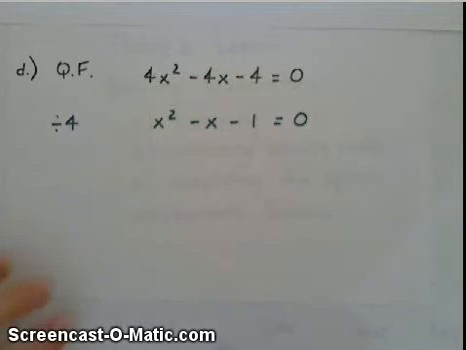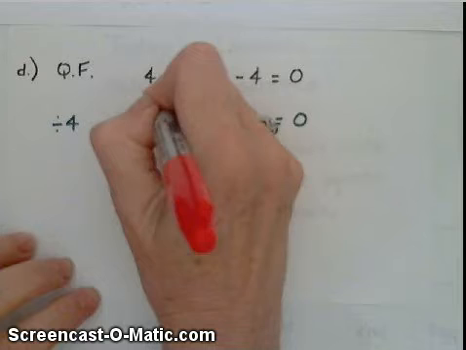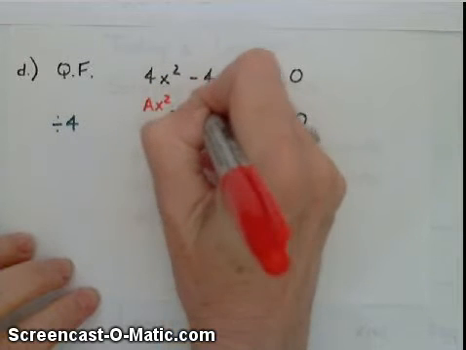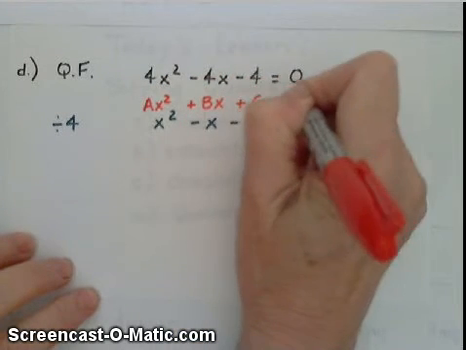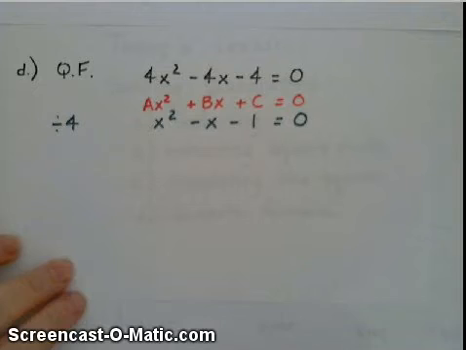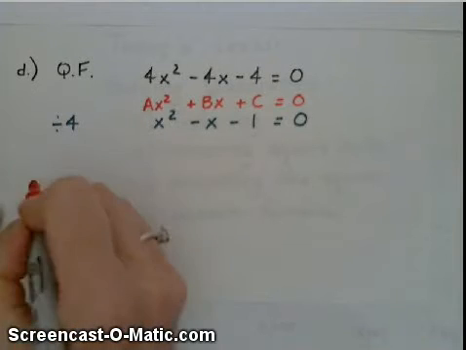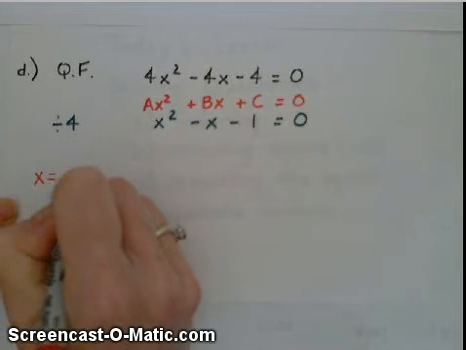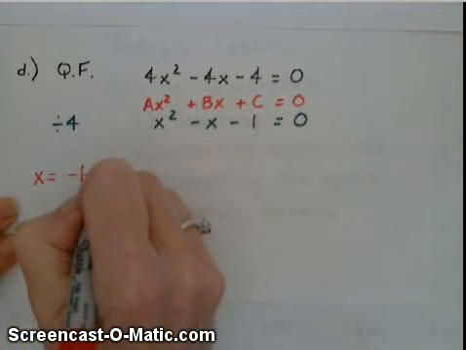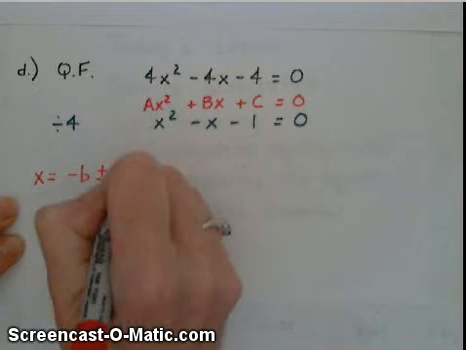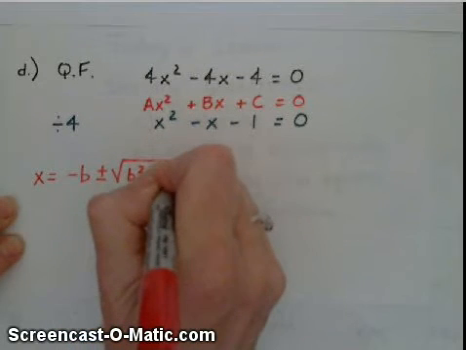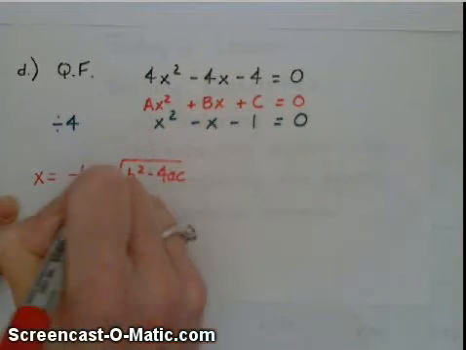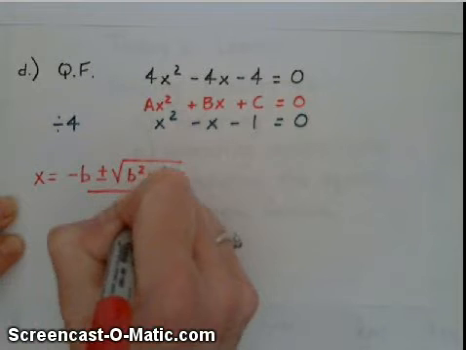Now the form of a quadratic is ax squared plus bx plus c equals 0. And let me write the quadratic formula right here. X is equal to negative b plus or minus square root b squared minus 4ac all over 2a.